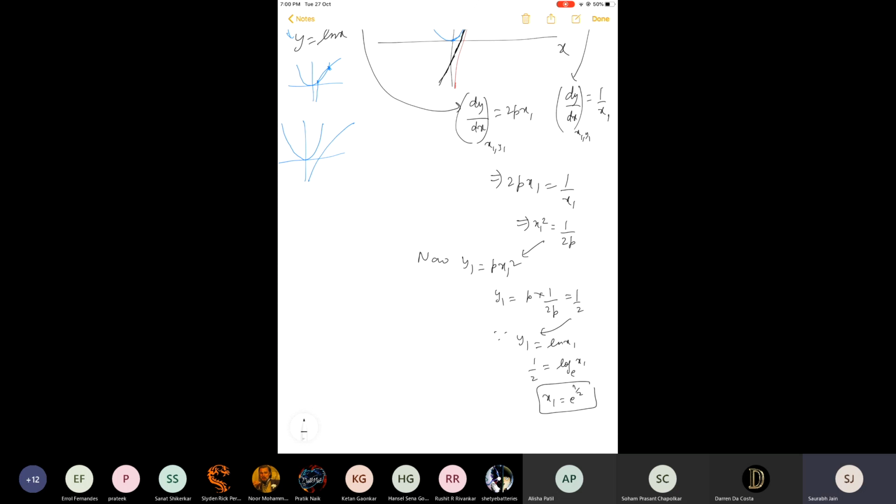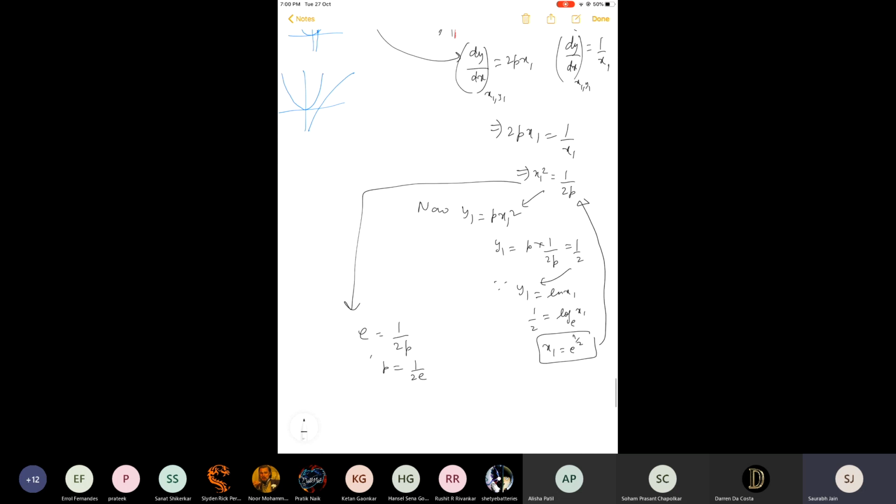We have x1, we have y1, but ultimately we have to find p. So what you can do now, put this value here. So x1 square is e, and p is finally this positive value 1 upon 2e. What is the meaning of this whole discussion?